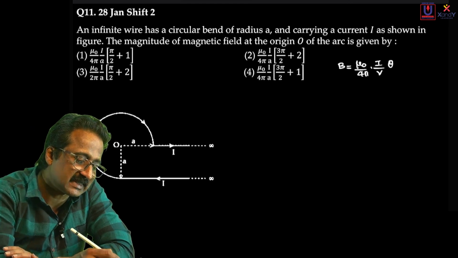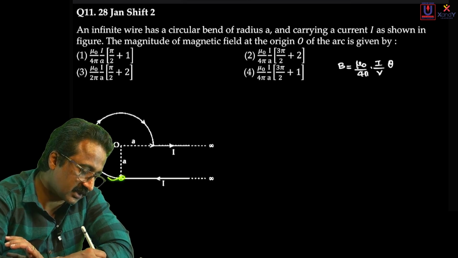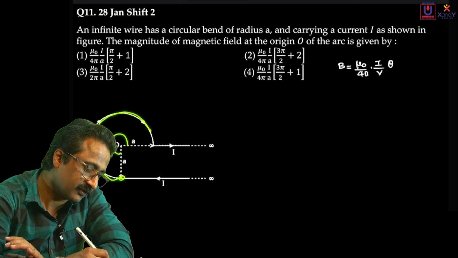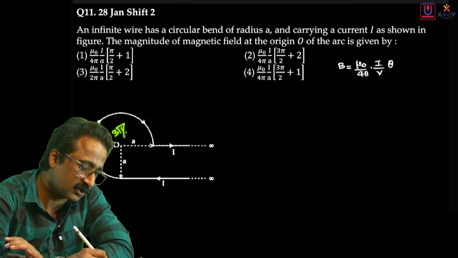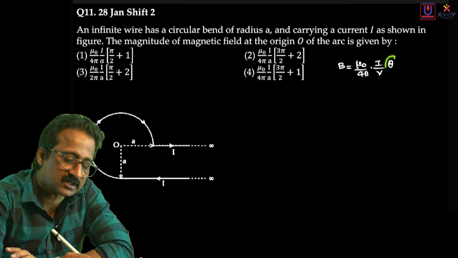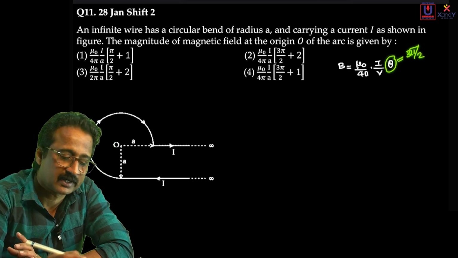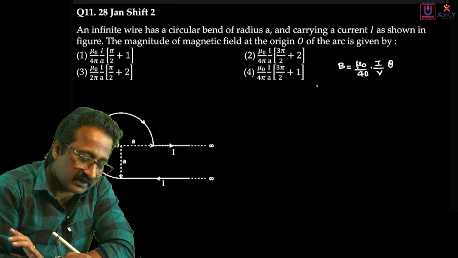Now here, what is that theta? It is said that it is a 3/4 circle, so it will subtend an angle of 3 pi by 2, that is 270 degrees, at the center. So the theta for this particular 3/4 circle is 3 pi by 2. We have to use that. Let me put the value of B1.